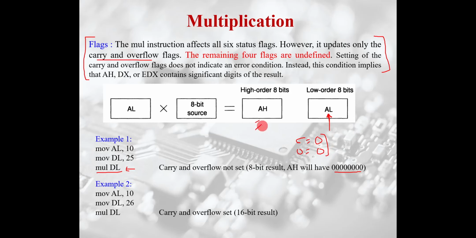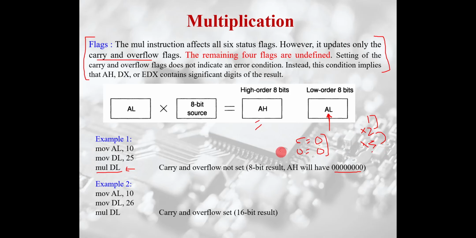So suppose I am doing 1 into 2 into 3 into 4 like that. If I do 1 into 2, it is still an 8-bit multiplication. Then I can do the result into 3, and again the result will be 8-bit. But I have to know that this result is 8-bit. If I don't know that the result is 8-bit, then what will I do in the next step? I will assume this to be a 16-bit operation, and then I will start multiplying.